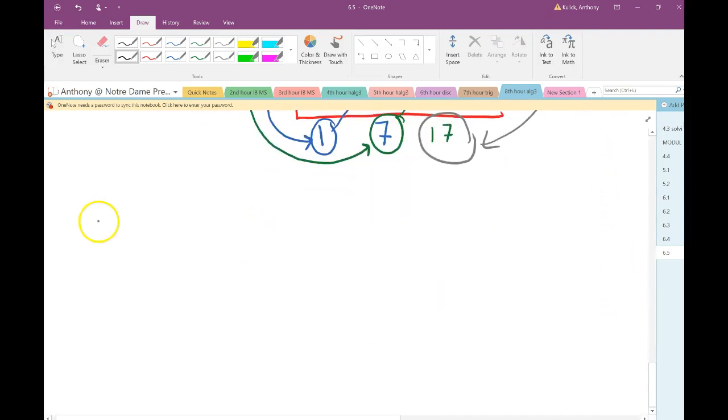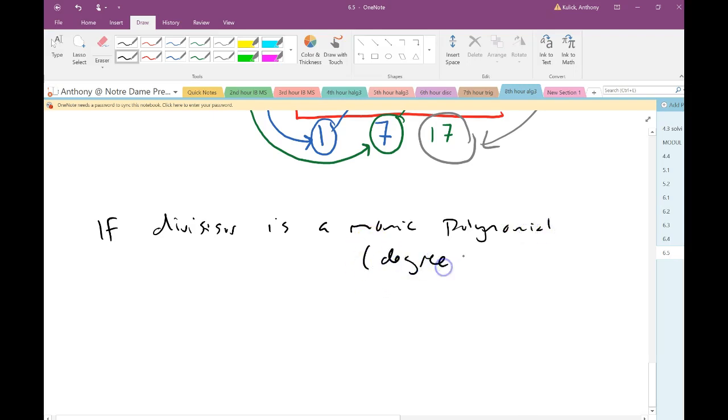So, if the divisor is a monic polynomial, what do we mean by monic? We mean the degree is 1, and the leading coefficient is 1. So for example, you have to be in the form like x minus k.